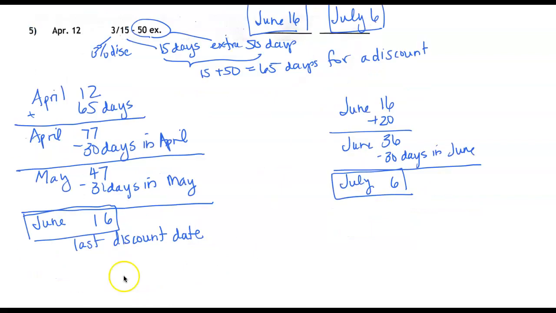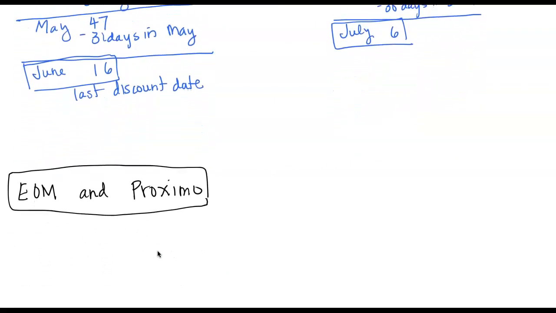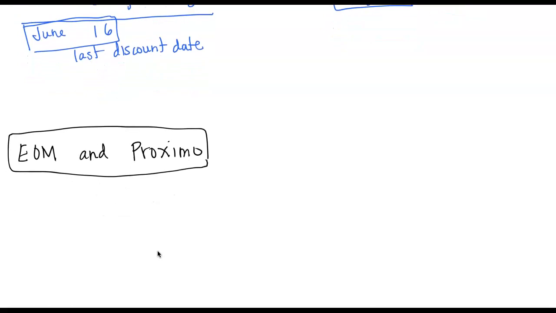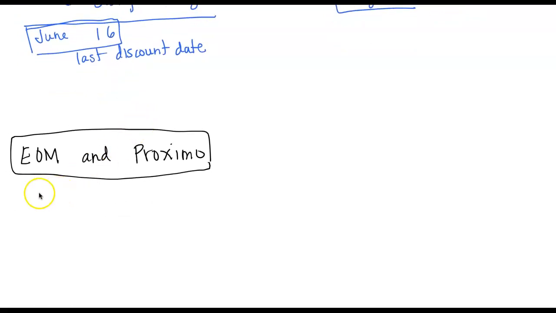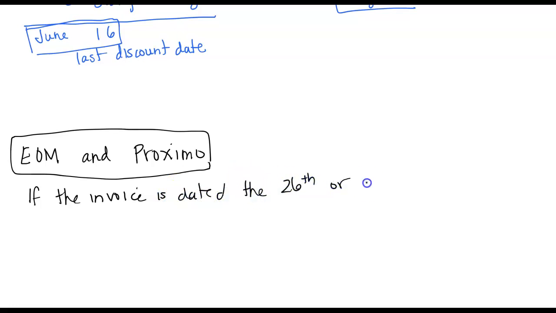Before ending this video, I want to take a little bit of time to talk about end of the month and Proximo. There's one part of end of the month and Proximo that we haven't talked about yet. What that says is if the invoice is dated the 26th or after, with end of the month or Proximo, then you not only get the end of that month, you also get the end of the next month.